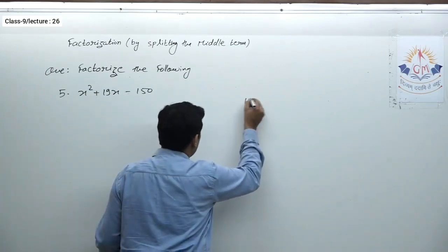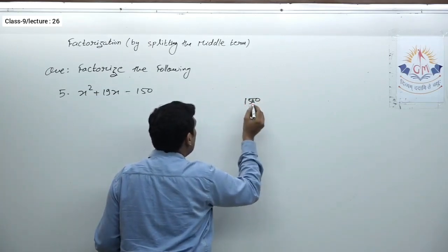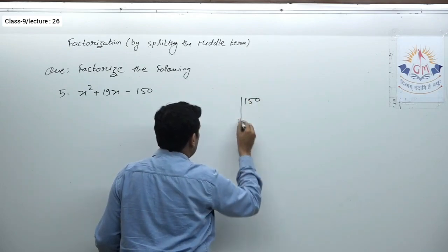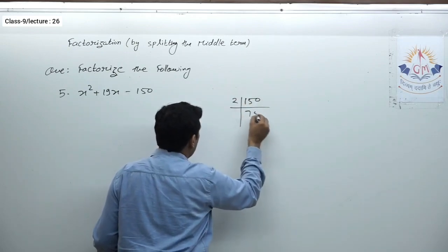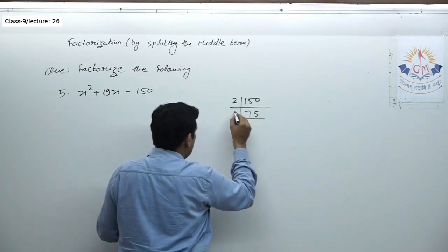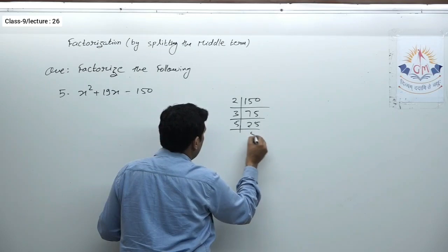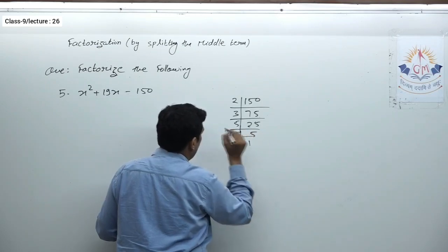So here, first of all, I find the factors of 150. Okay, 2 times 75, then 3, 25, 5, 5, 5, 1.